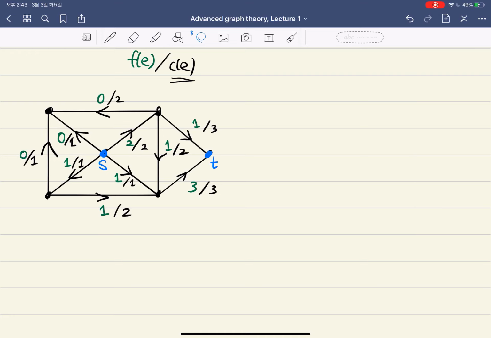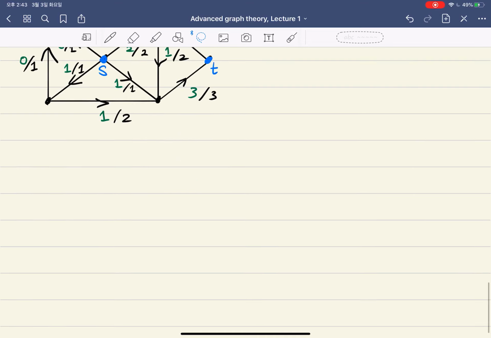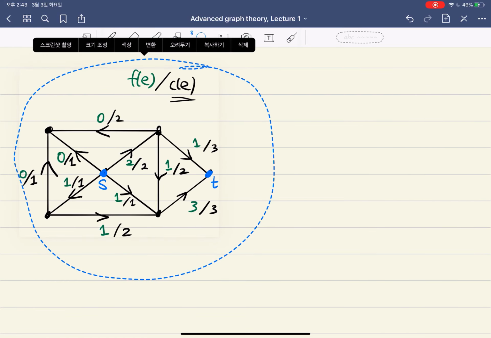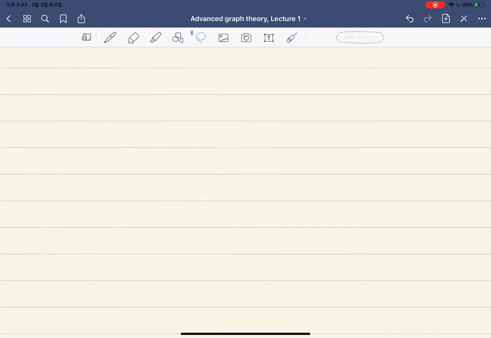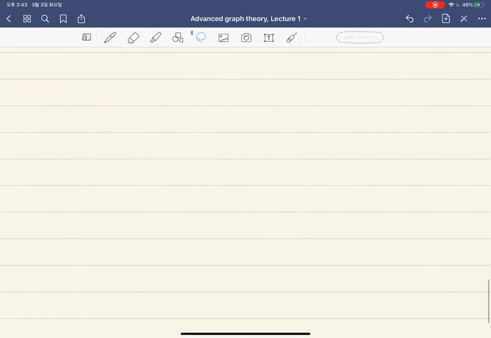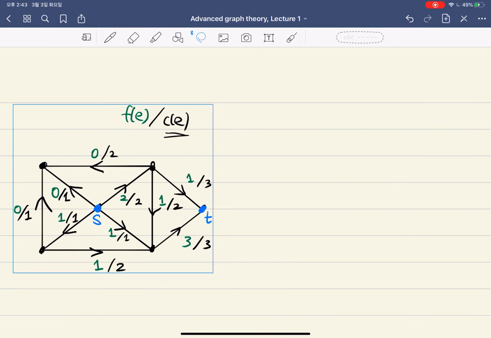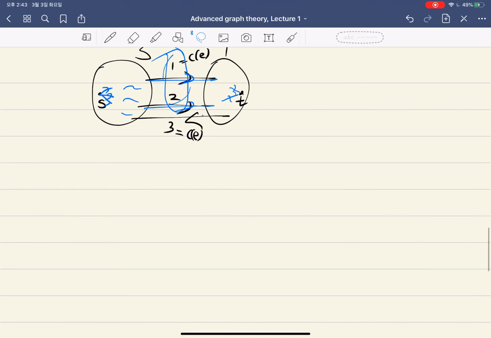Before talking about the tool, we need to actually prove that there exists some maximum. If we want to find the maximum flow, then we have to first prove that there exists a maximum flow, so it's possible to actually talk about maximum flow.